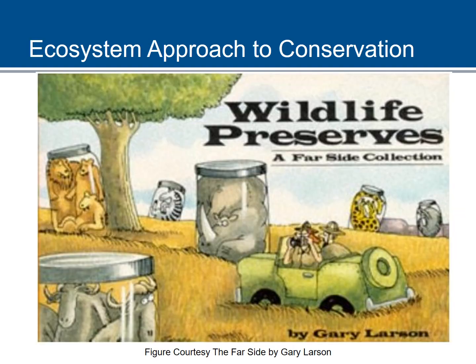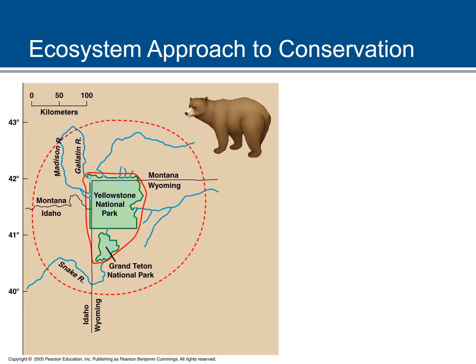Now, an ecosystem approach, in contrast, focuses on saving an ecosystem. So it's, quote, the wildlife preserves example to conservation. Now, you might think of Yellowstone National Park and Grand Tetons National Park. These are habitats set aside primarily for wildlife. They have places where people can visit, but primarily a lot of these areas are wilderness areas.